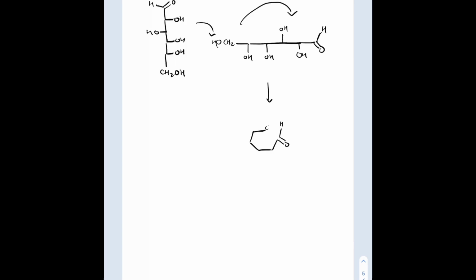When we do that, we still want our OHs down, up, down, down. So here we go. If you need to keep track of them, you can label all your carbons with red dots, and we can see that our hydroxyl groups are down, up, down, down now.